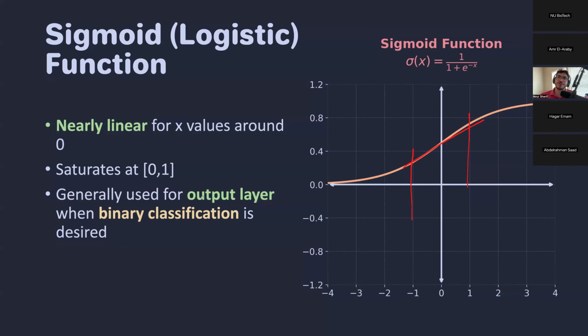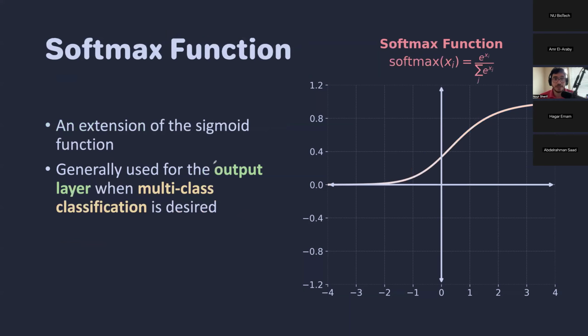For example, if we're designing a network and we would like it to predict a binary output, the very popular example is training a network to highlight spam emails, right? So the output of the model is usually, does this email represent a spam email or not? So it's a 0 or 1 output. And this is where the sigmoid function, or the logistic function, really works well in neural networks.